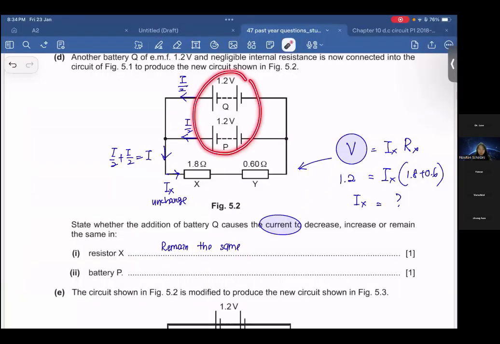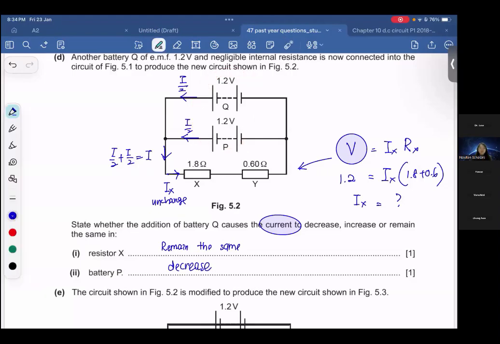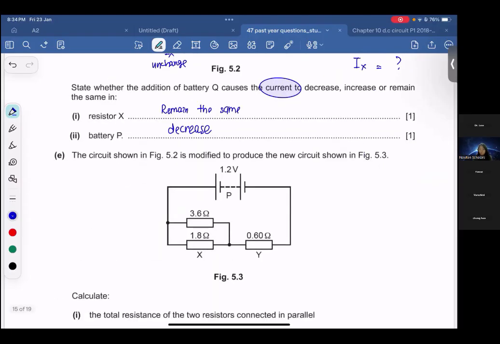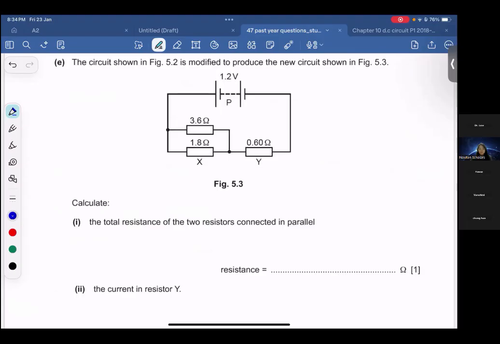Okay, can you try question number E? Vashini, correct.